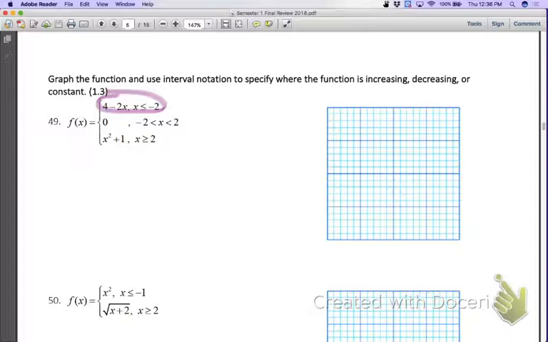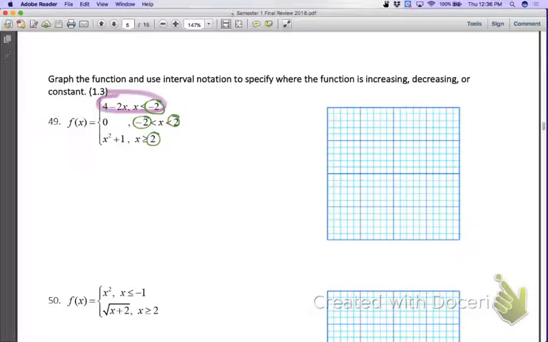With any of these, you have to find your critical points. Your critical points are the ones that are given to you during each piece. In this case, on the first one, you only have one critical point. That's going to give you where you're going to put your point on your graph for the first one.